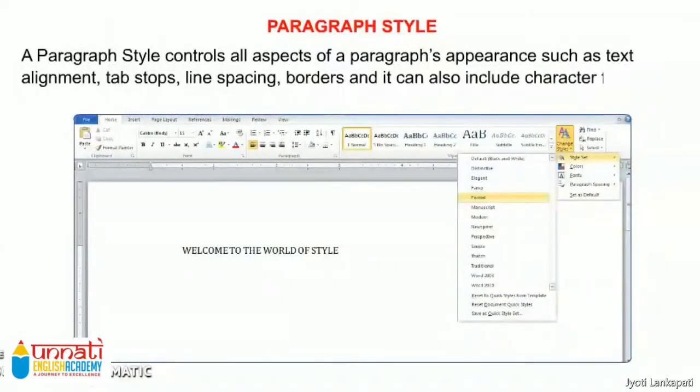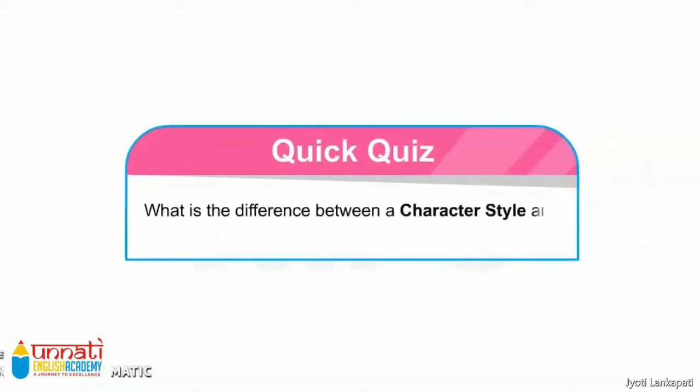So character style is based on the characters of the paragraph, and paragraph style also contains character style. Now let's see, what is the difference between character style and paragraph style? I have already told.